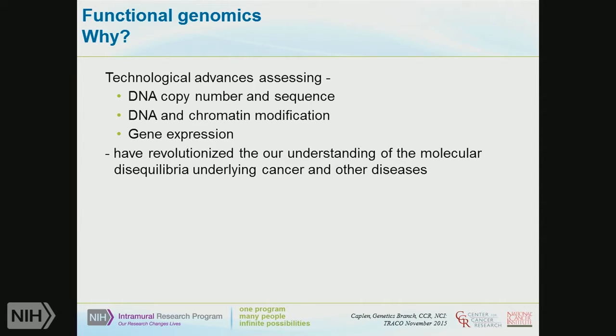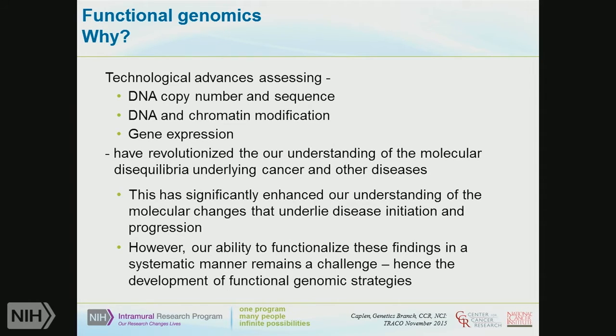The problem's really been functionalizing that information, trying to make that link between what we're seeing as a disease change, whether it's a mutation, and how that's actually affecting the function within a cell and how that's leading to tumorigenesis in this case. So we need mechanisms, or need technologies, that will allow us to functionalize on a similar scale to what we can do for other methods.